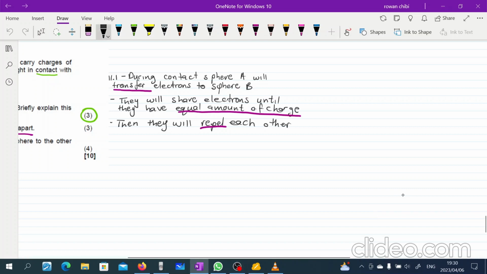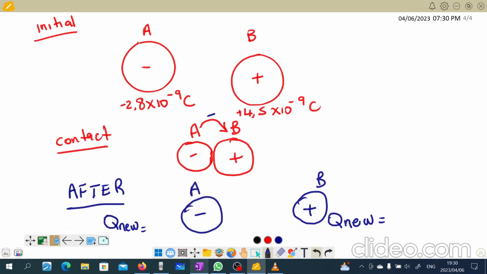We use our formula that says Q new is equal to (QA plus QB) divided by 2. So what is QA?